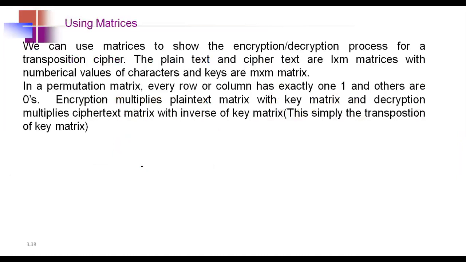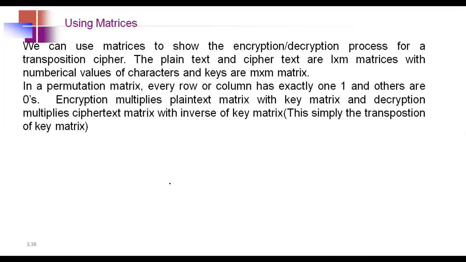Now, the same transposition cipher can be obtained using matrices. In the encryption and decryption process, we are using the matrix format. The plain text and ciphertext are assumed to be L into M matrices containing the character values.